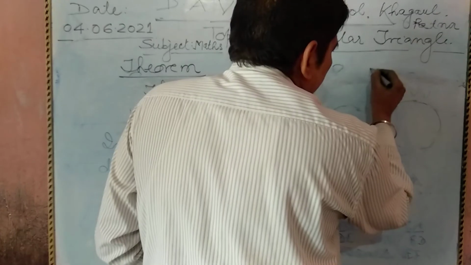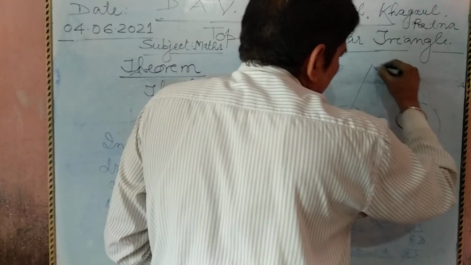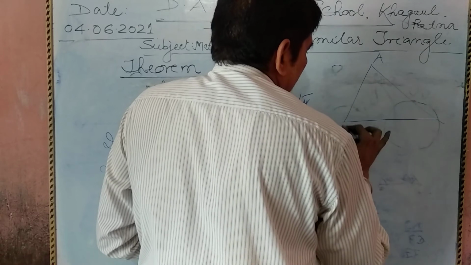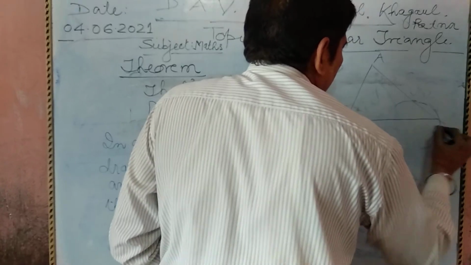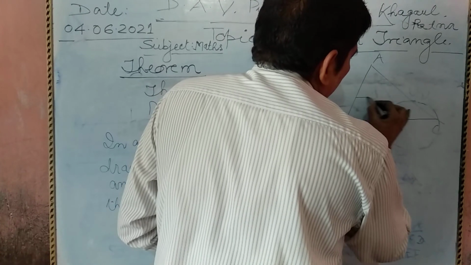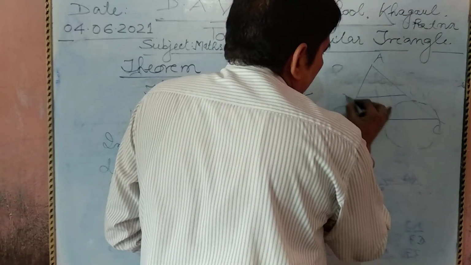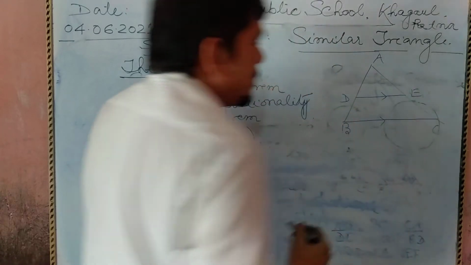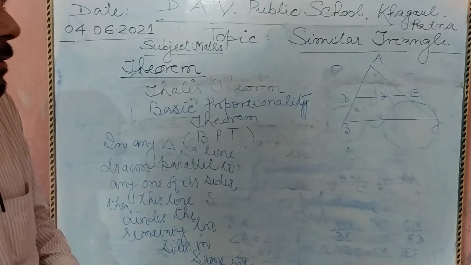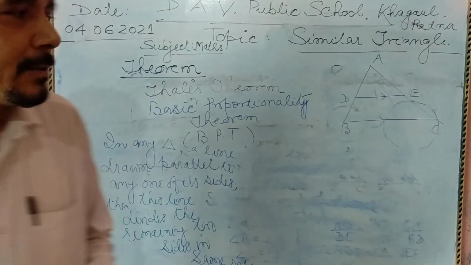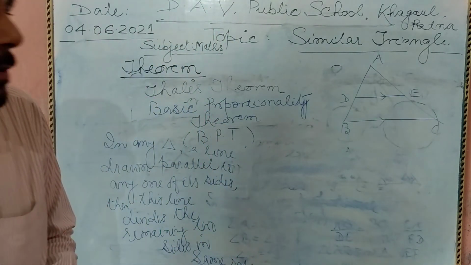So I am taking a triangle ABC, any triangle, in which a line DE parallel to BC is drawn.